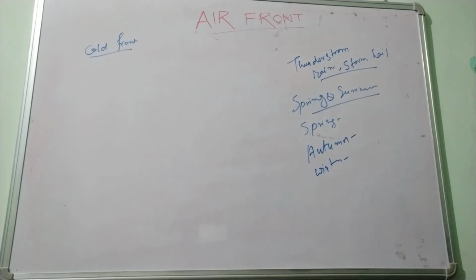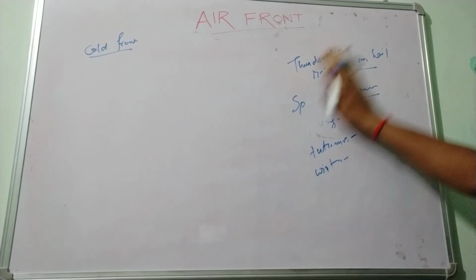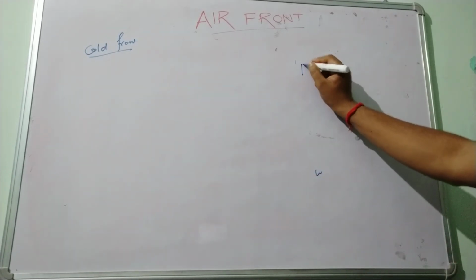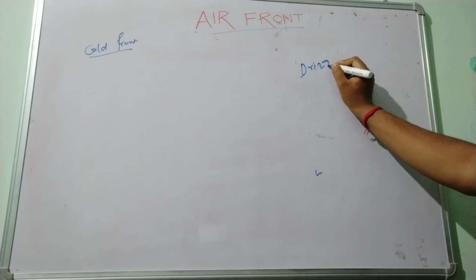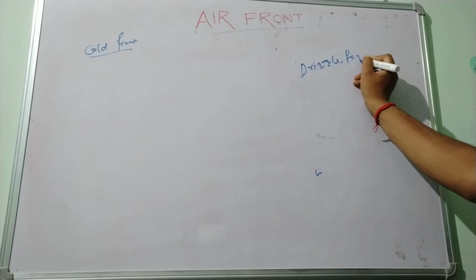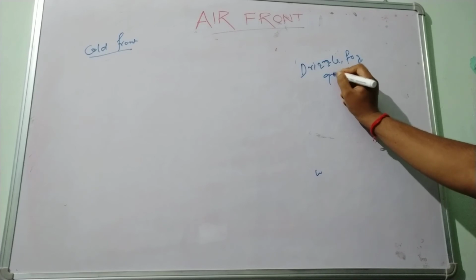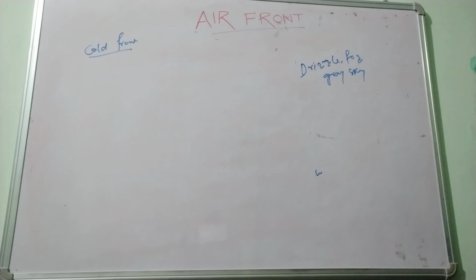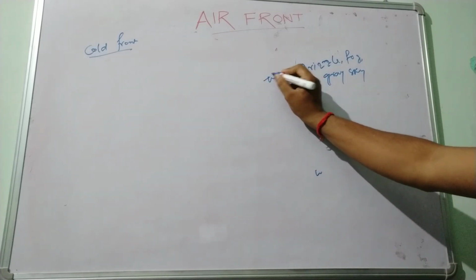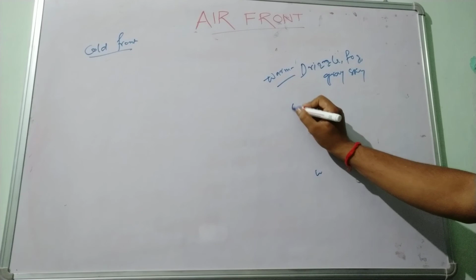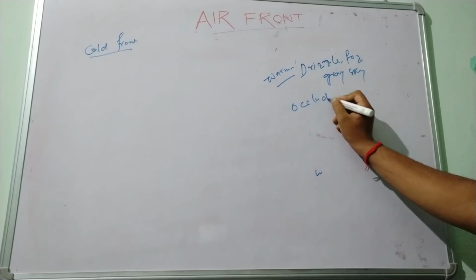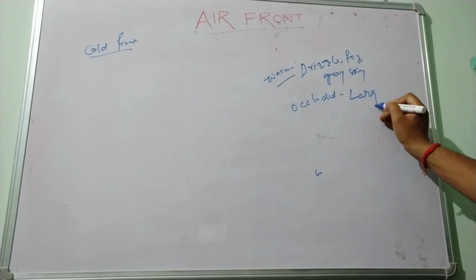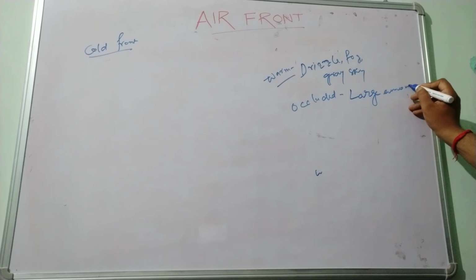Consequently, the warm front is associated with drizzle, fog and grey skies. The occluded front is associated with a large amount of rainfall in a particular region due to the contrasting air masses of the two fronts.